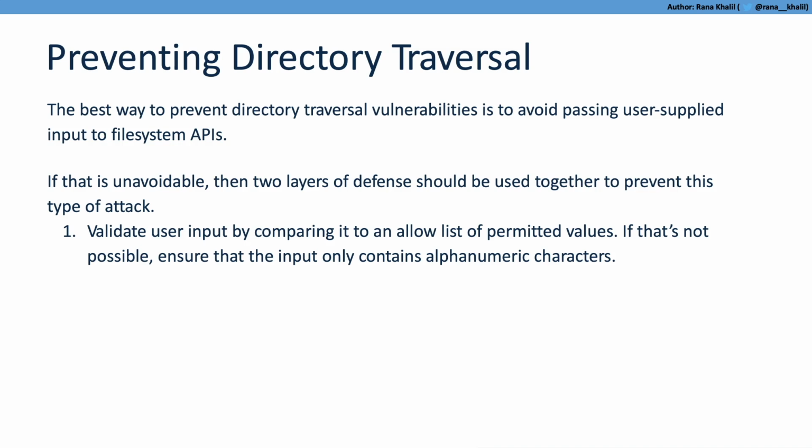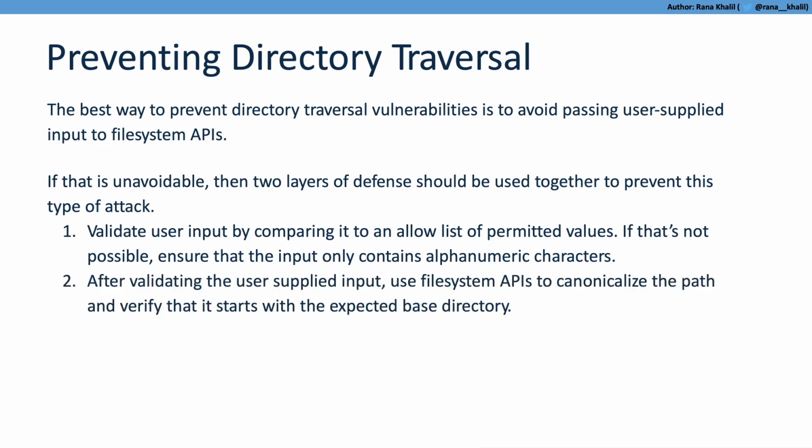The first one is to validate user input by comparing it to an allow list of permitted values. And if that's not possible, then make sure that you only accept user-supplied input that contains alphanumeric characters and no other characters. Now, once you're done validating the user input, the second layer of defense is to use file system APIs to canonicalize the path and verify that it starts with the expected directory.